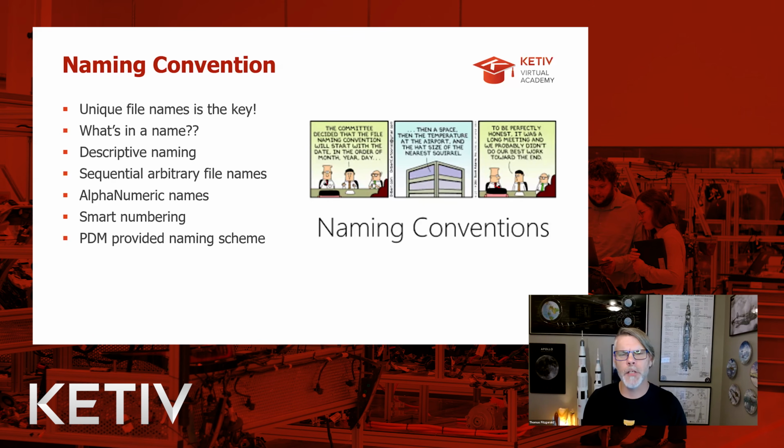One of the features inside of a data management system like Vault is a naming scheme functionality, where the database within Vault can manage your file names as well. So really interesting concepts in terms of how we're going to generate that information. But once again, the most important bit is that they're unique names.